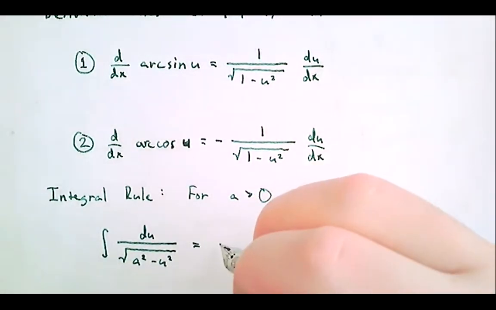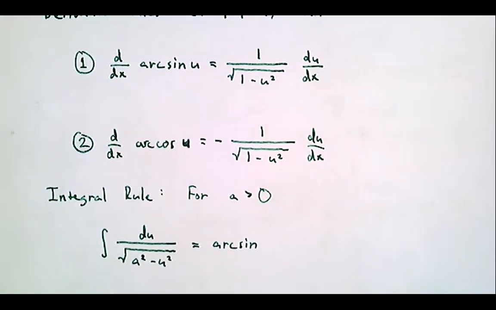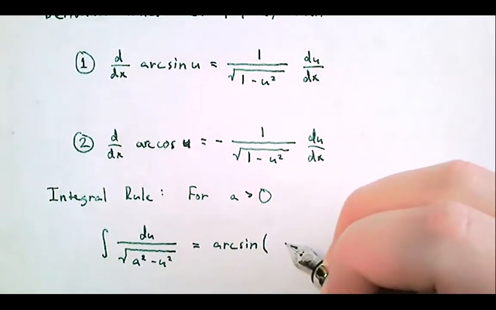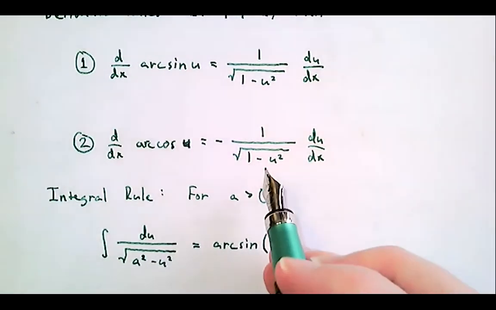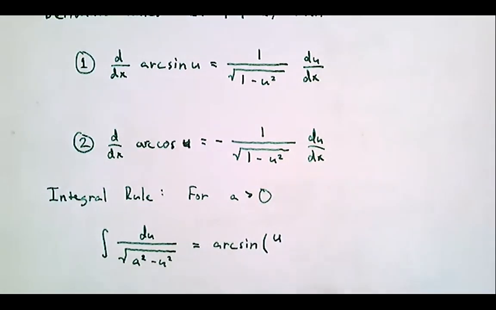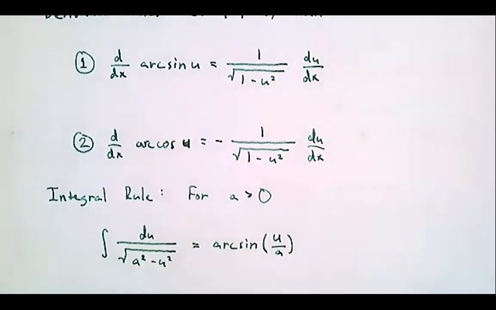So what we're going to get is a sine inverse, an arc sine, excuse me. Sine inverse is arc sine, of course. And then u, the variable, but now it's going to be u divided by a instead of u by itself.